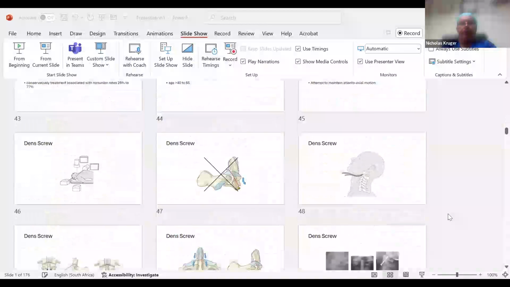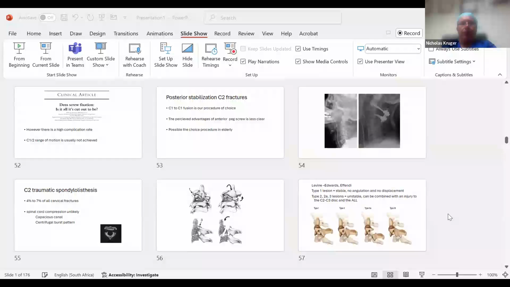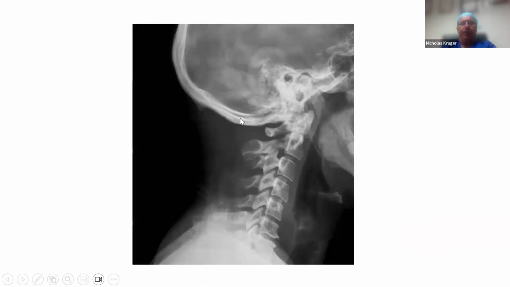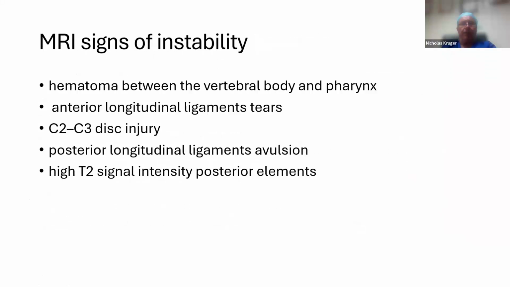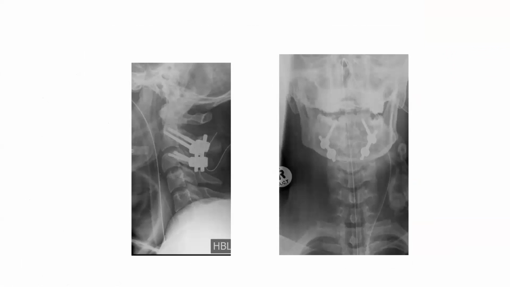For the spondylolisthesis, you don't fix C1, you fix 2 to 3. Sorry, maybe I said it wrong. I think I just read somewhere that C1 to 3 is also an option. Do you think that's over?